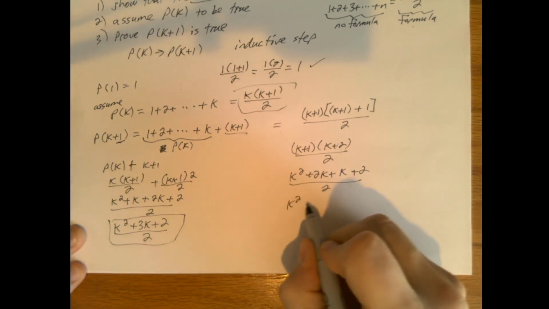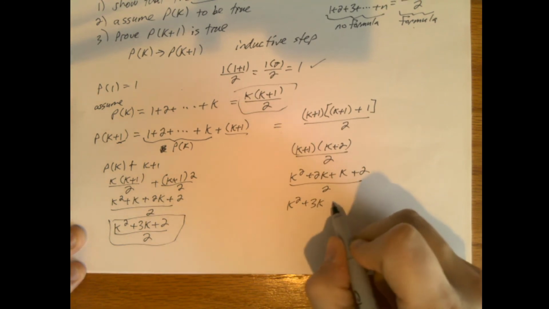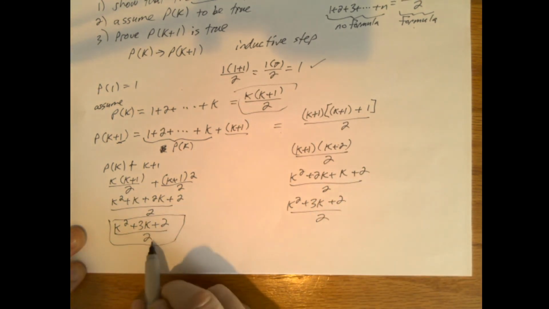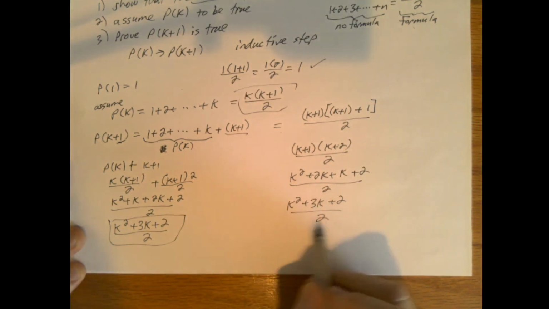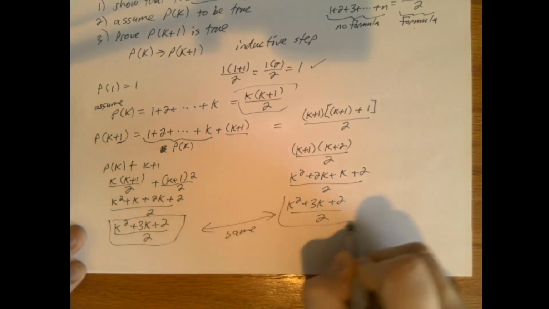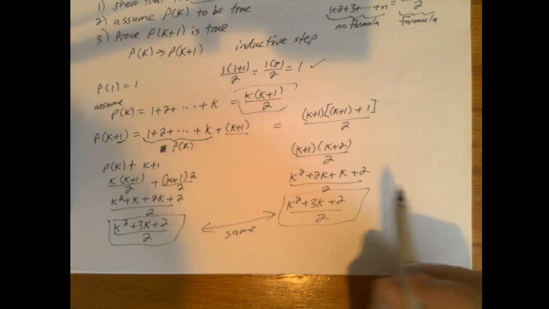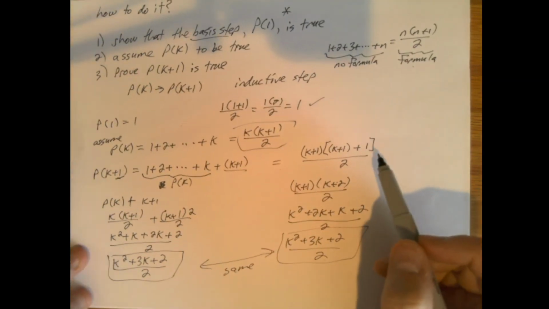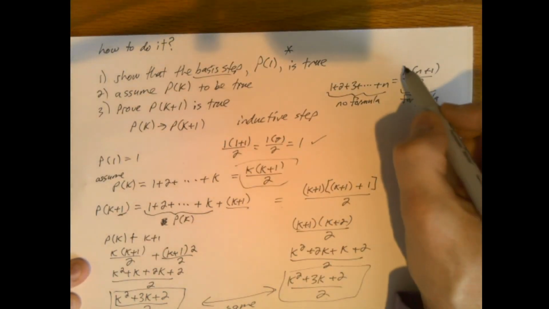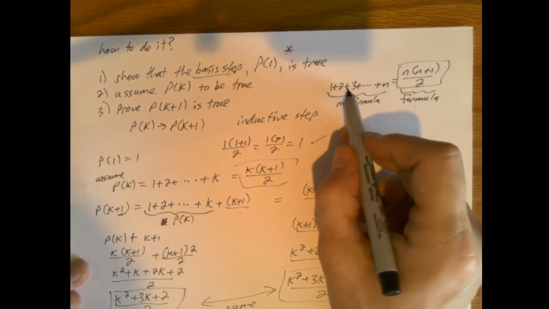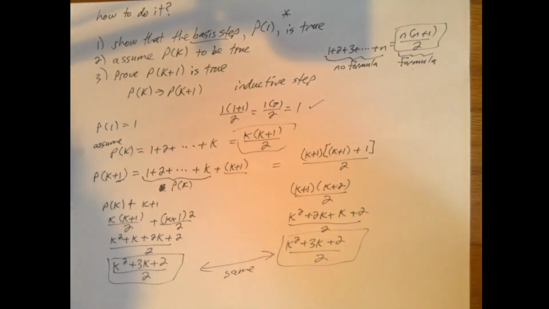We get (k squared plus 3k plus 2) over 2. K squared plus 3k plus 2 over 2. These are the same. And therefore, we've shown by mathematical induction that this formula here really does produce the sum of these n values.